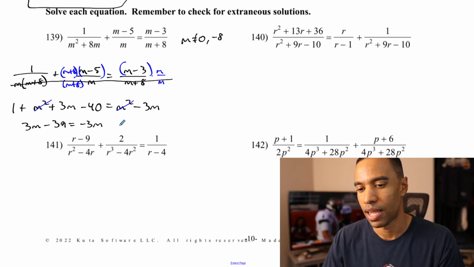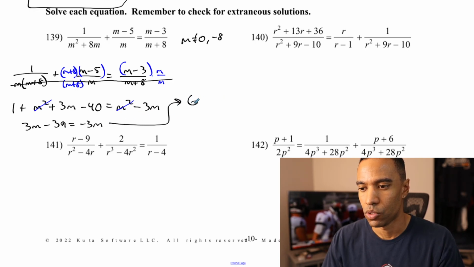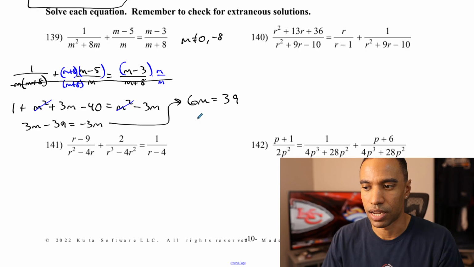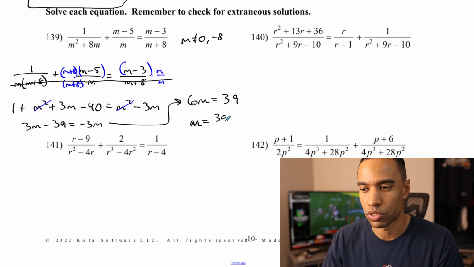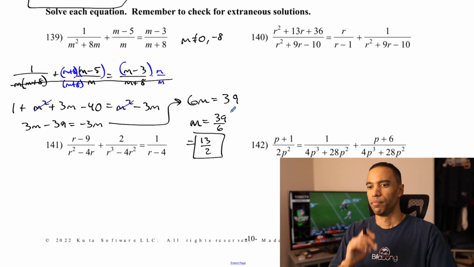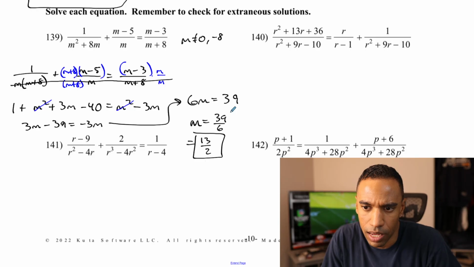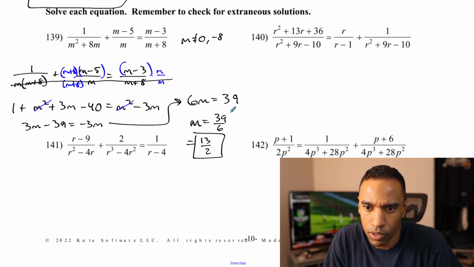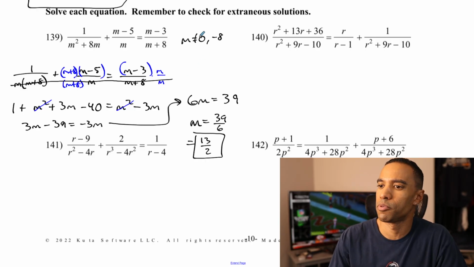Add 3m, add 39. You get 6m equals 39, and you get m equals 39 over 6, which is 13 over 2. If I did that right, m squared plus 3m minus 41 plus that. Yeah, I think so. M is 13 over 2.